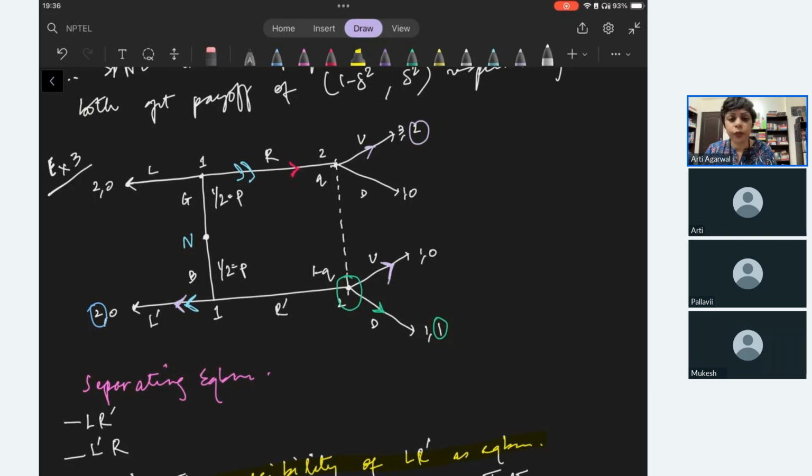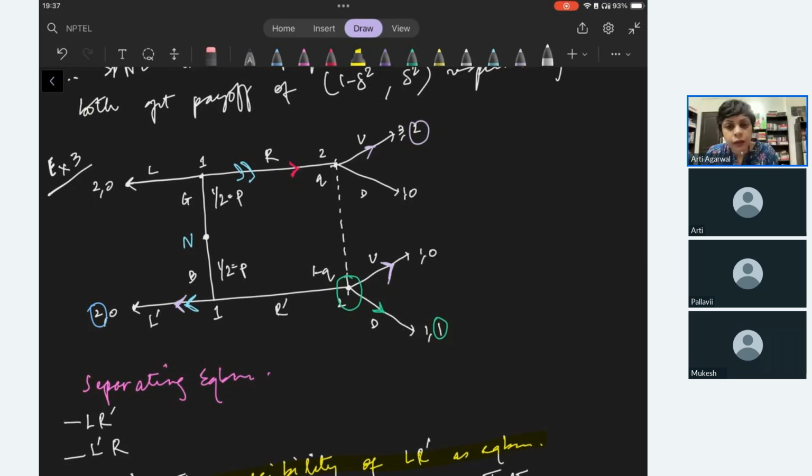See, in the separating equilibria, after player 1 has played the strategy, player 2 updated their belief with the value of Q equal to 1 or 0, because based on what strategy had been played, he knew which type player 1 is. But in a pooling equilibria, that is not the case, right? We'll come to L L prime later and you will understand why.